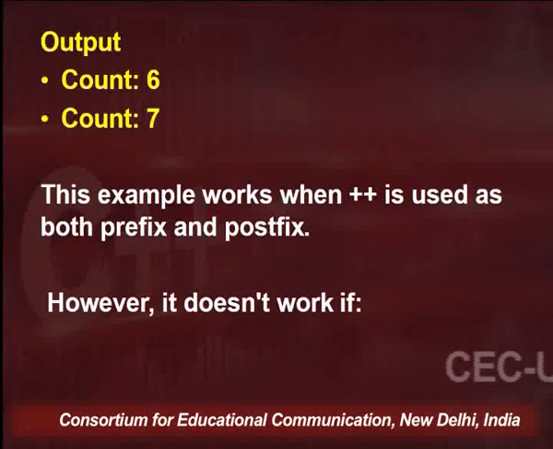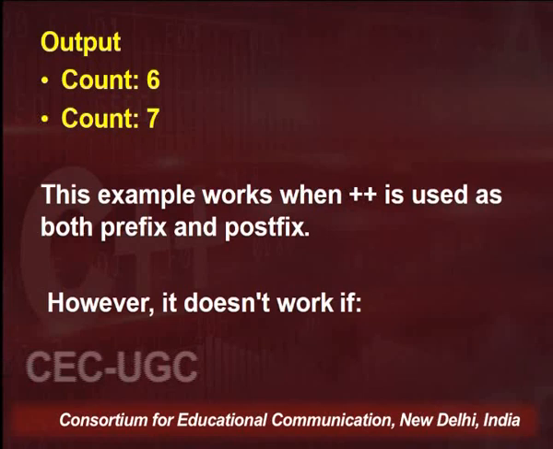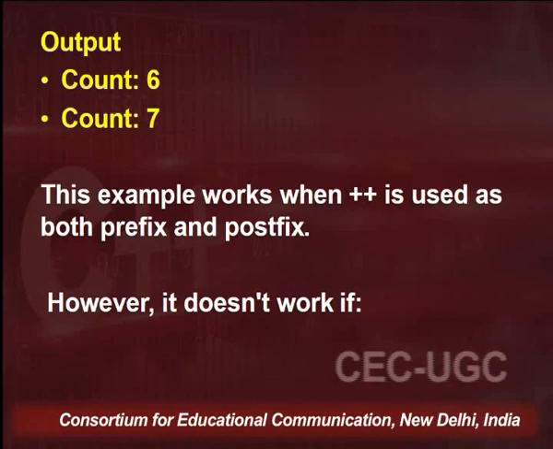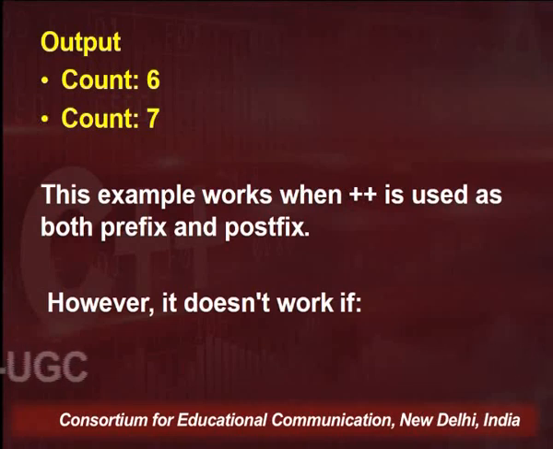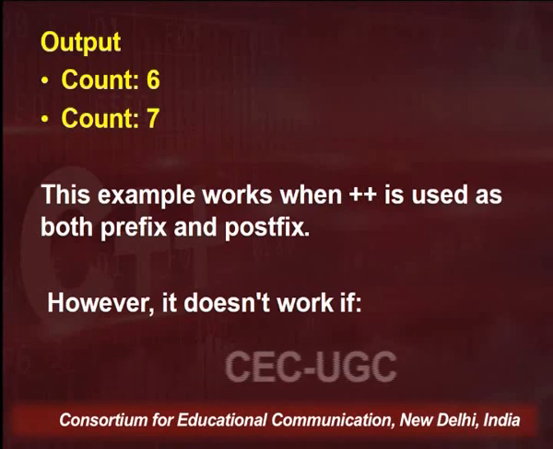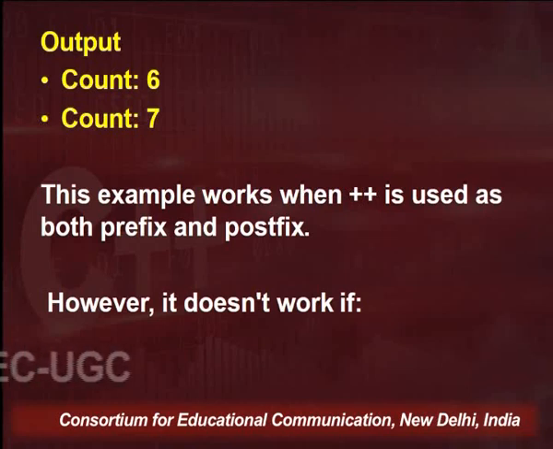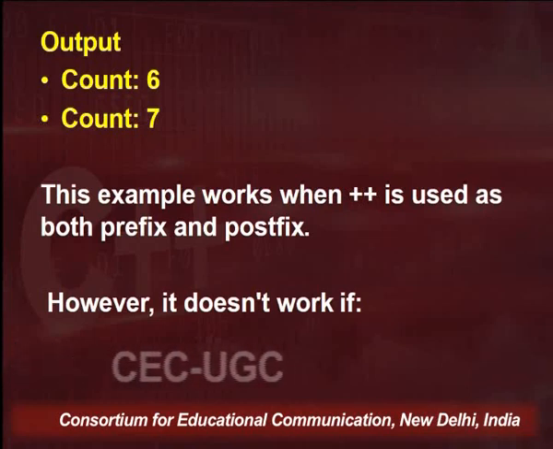Hence we get the desired output: from 5 it is taken to 6 by the postfix version, and then from 6 to 7 using the prefix version. So this was an example where we have used plus plus both as prefix and postfix. Prefix is fine, postfix is fine, but now here is a glitch.